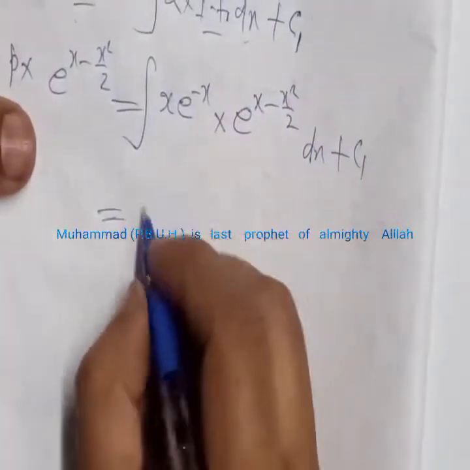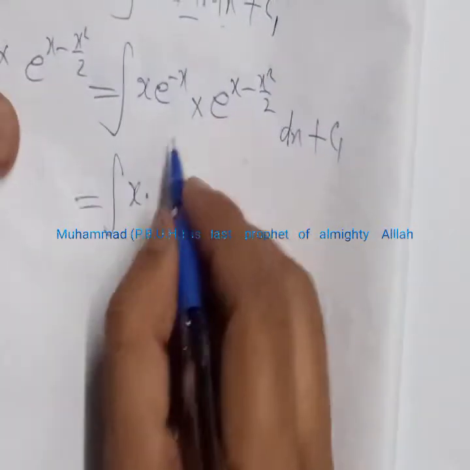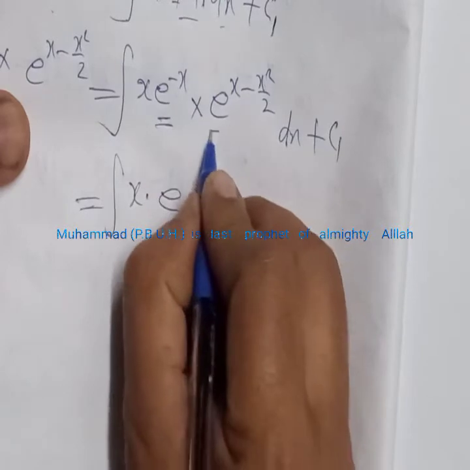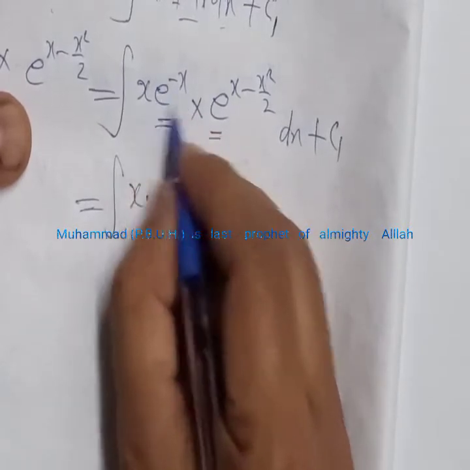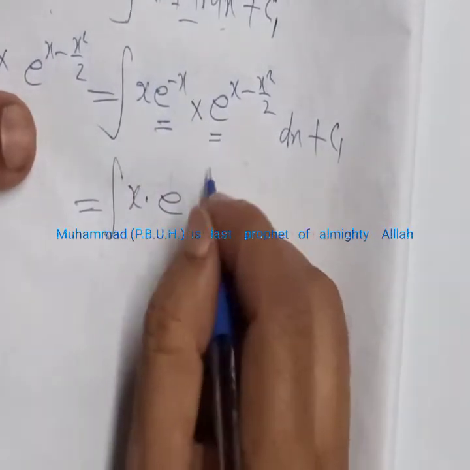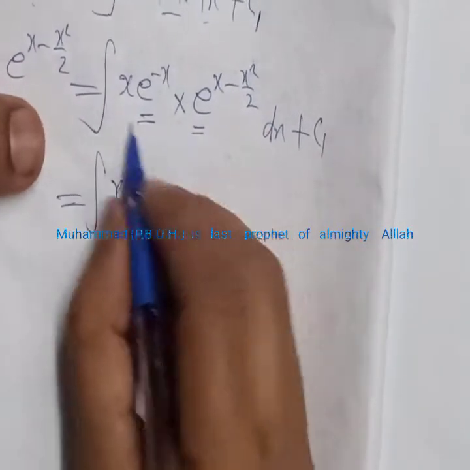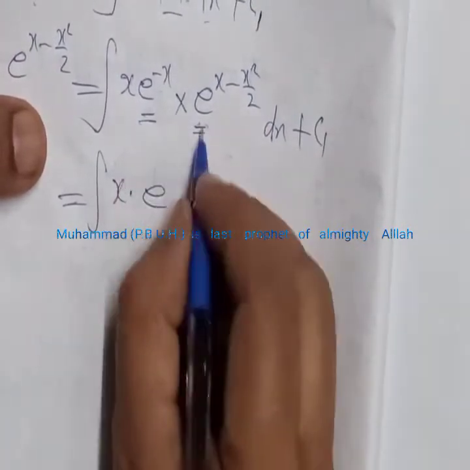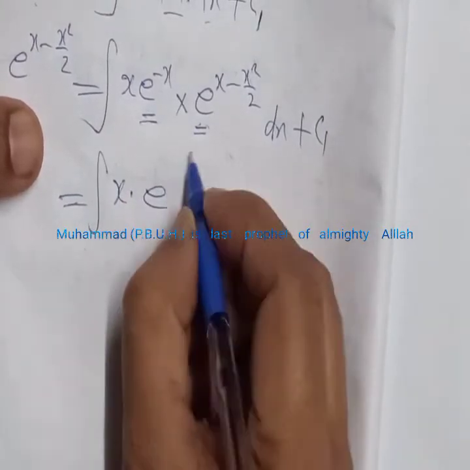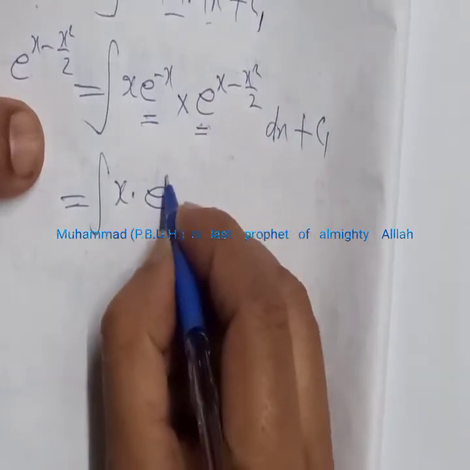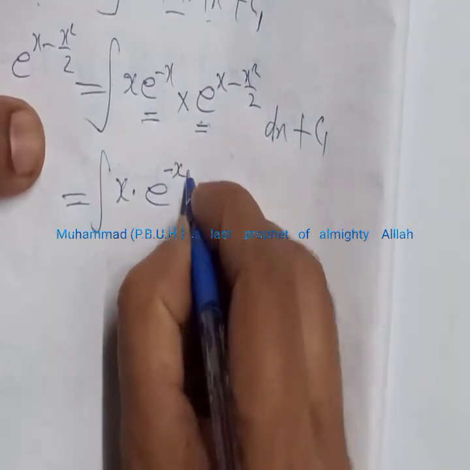So we should solve it, because here both factors are e to the power of some power which are multiplied. Since the bases are equal, we write e only one time and write all the powers with a plus sign.